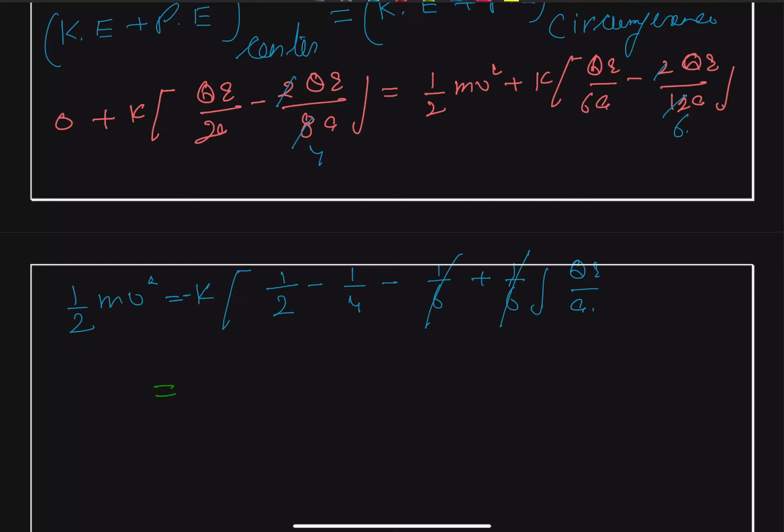therefore we get this will be equal to 4 will be LCM, and 2 minus 1, that will be 1.